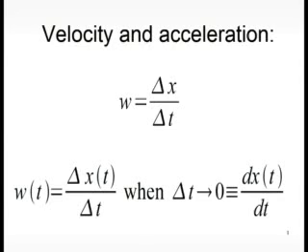If the speed isn't constant, you will have to make the time interval so small that the velocity can be deemed as almost constant. So speed at a certain time is delta x divided by delta t when delta t goes to 0. This can also be called the rate of change of the position and is written as w equals dx over dt, which in calculus is described as the time derivative of the position.